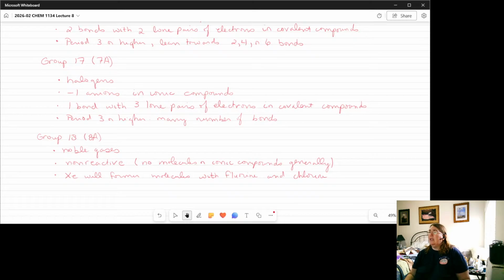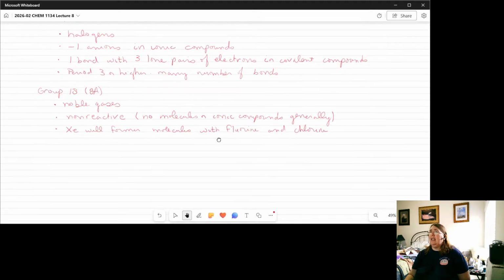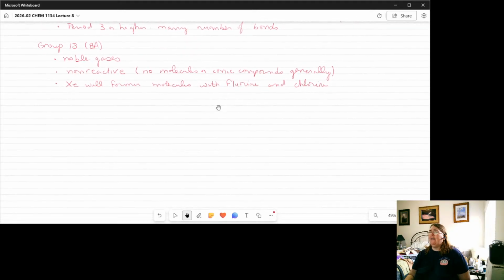The reason I left the transition metals for last is because they don't have a pattern like that. They're not as straightforward as the S and P block elements in terms of bonding and things like that.